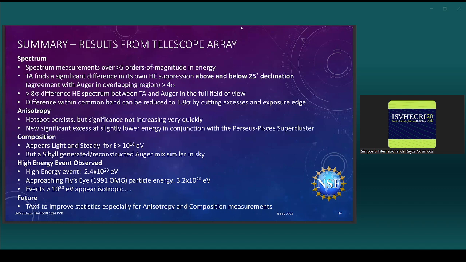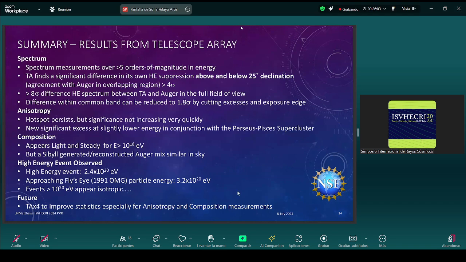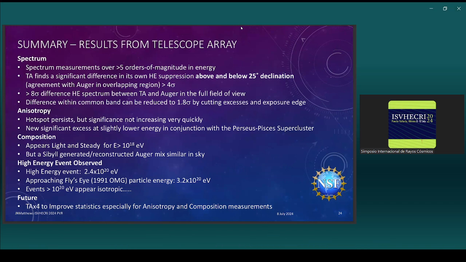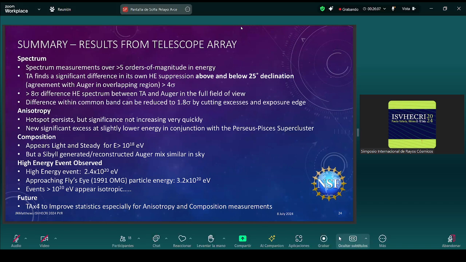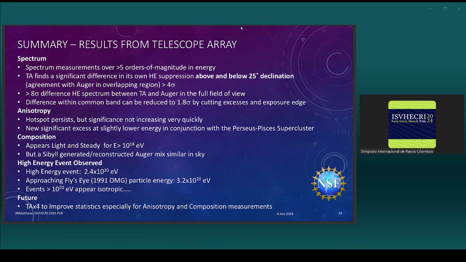But realistically speaking, you really need a large area, right? So realistically, do you expect that with TA times 4 and the present Auger, we can hope to see higher statistics in the reasonable future? Or does one really need to make an argument for maybe an order of magnitude increase in area? That's always going to be the important question.